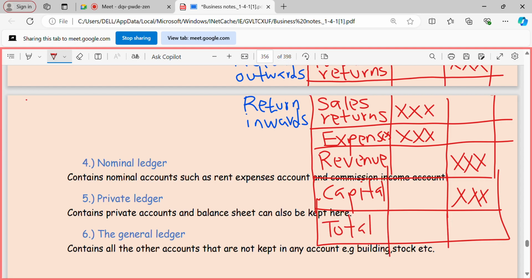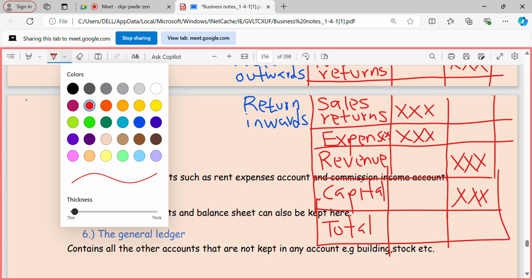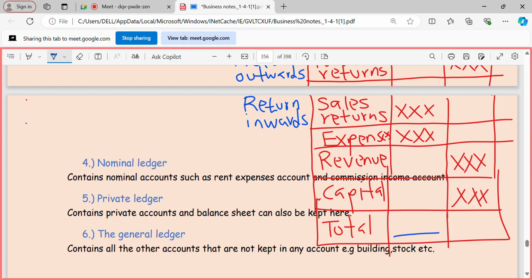Examples of revenue: commission and rent received. Sorry, rent received. When you are receiving the rent, rent received is revenue. Commission earned is revenue. Discount received is also revenue. So those are revenues.